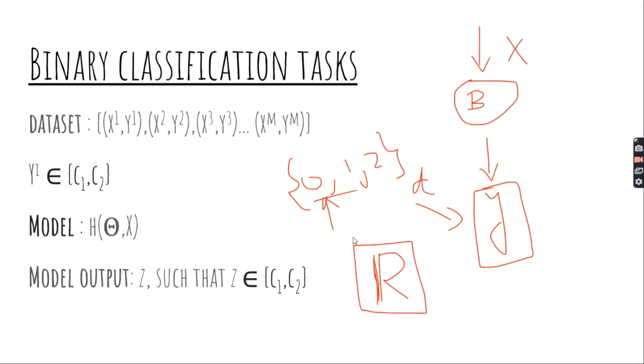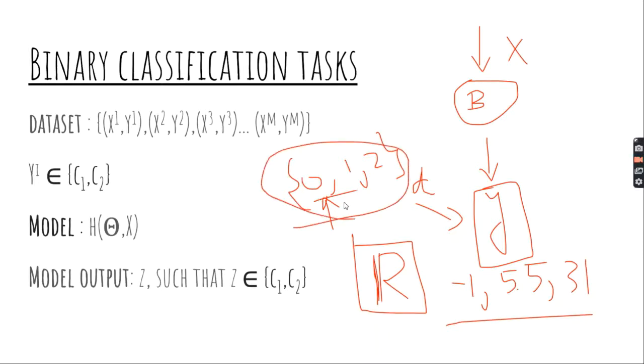This notation is used for real numbers, which means it can be anything from -1 to 5.5. It can be 3, I don't know, 31. But in this case, we are just concerned with these kinds of outputs, where the output can be one out of several classes. And more specifically, it is a binary classification task.